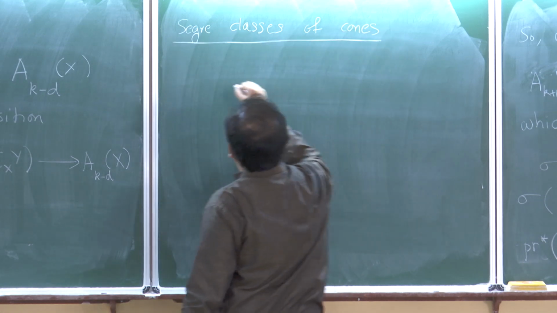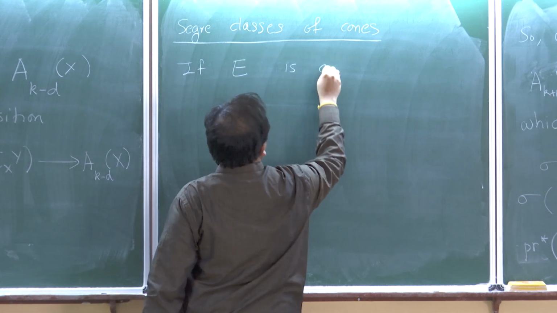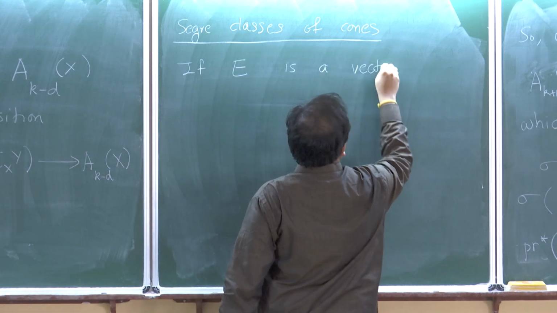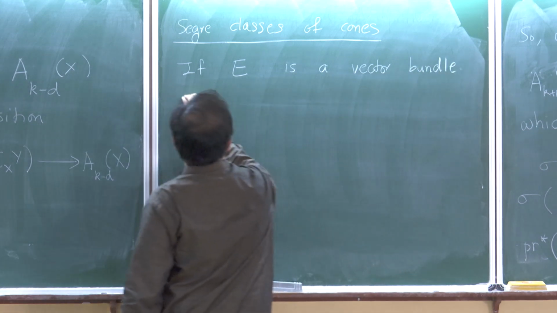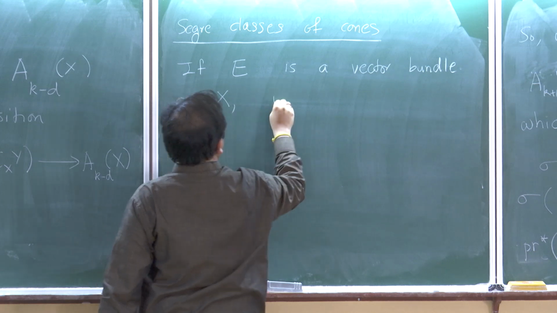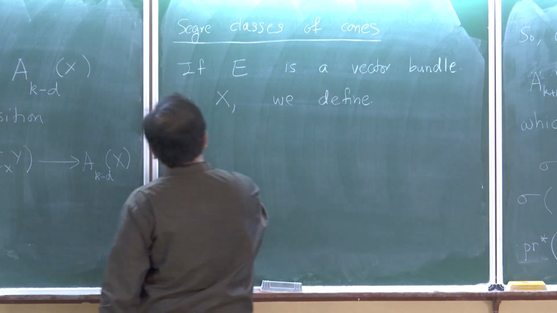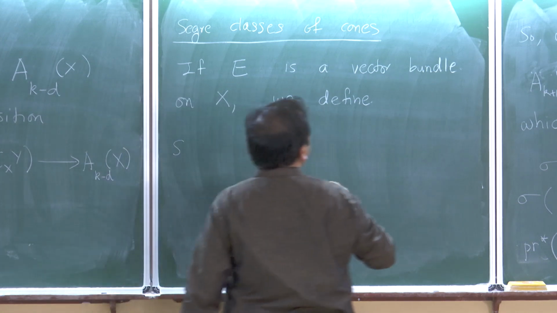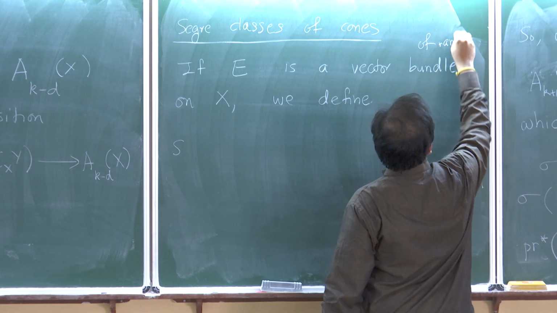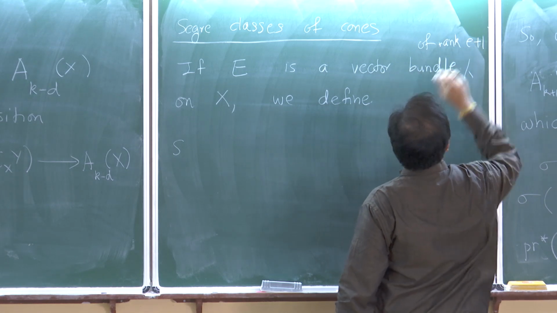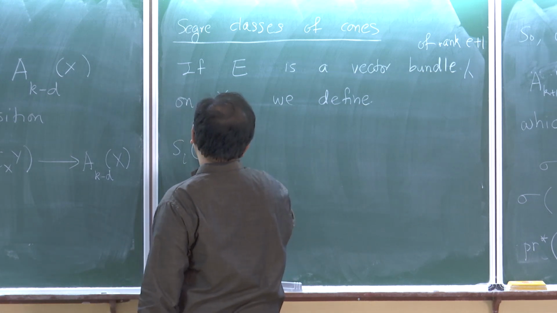If E is a vector bundle on X, say of rank e plus 1, then we defined s_i of E.